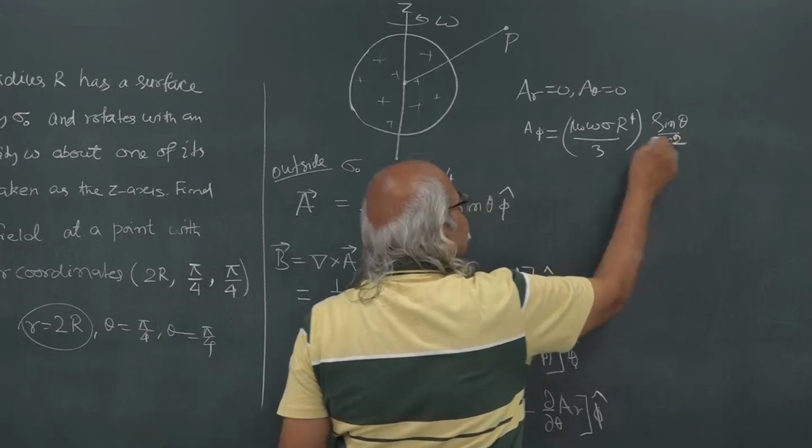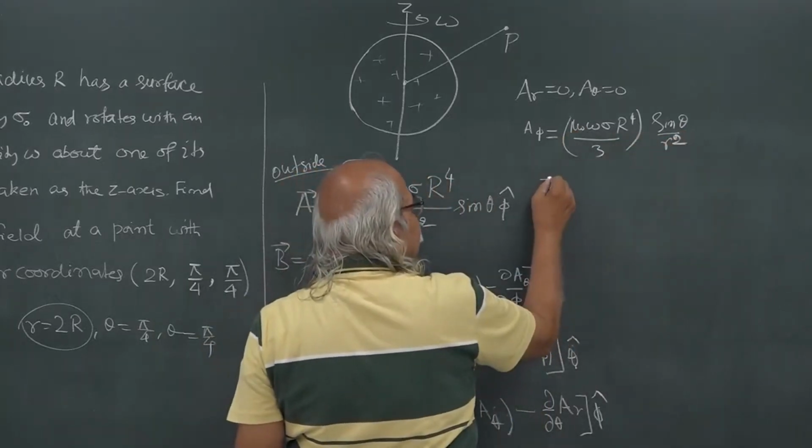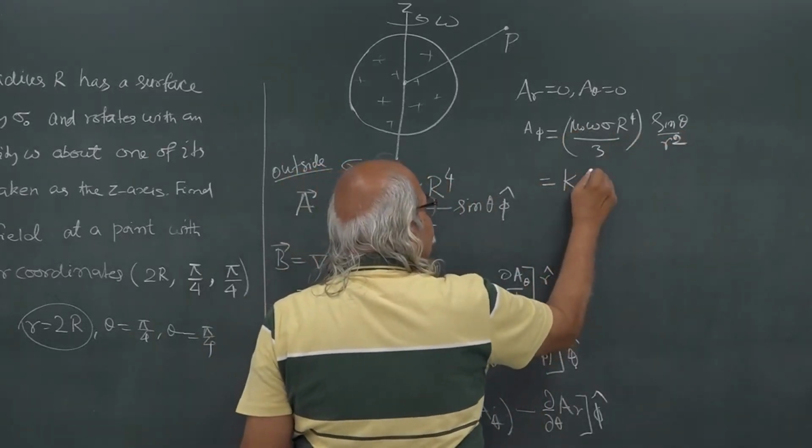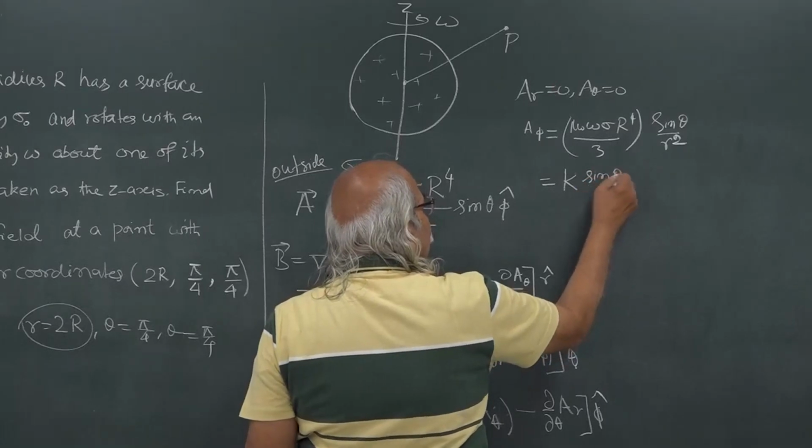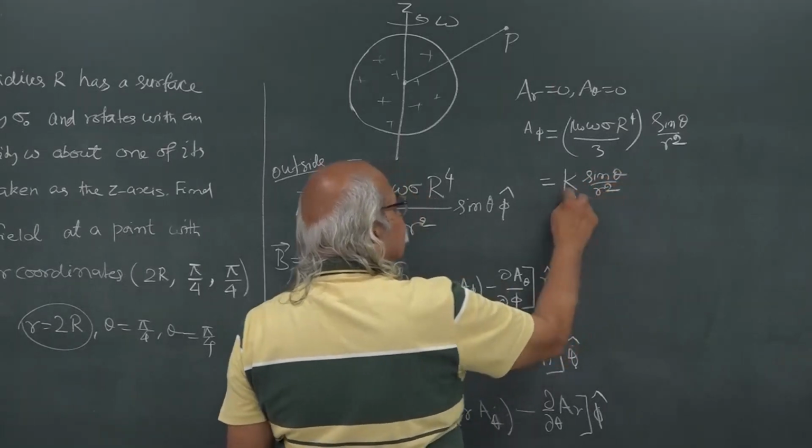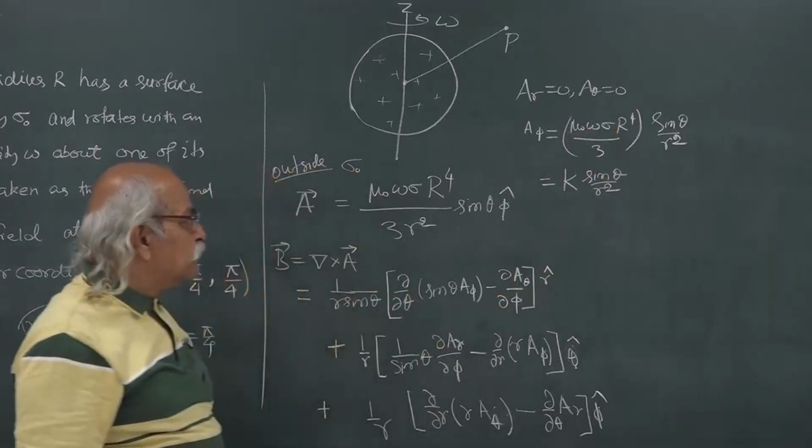This is A phi. If you wish you can write the constant as some k, so A phi is k sin theta by r square. K is this, at the end we will put it in.